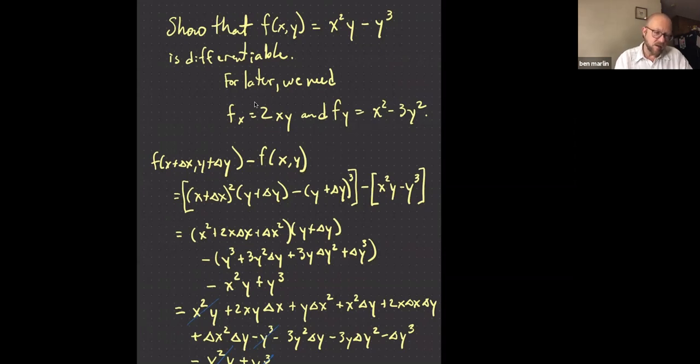And so we have to go back to our function definition, this x squared y minus y cubed, and we're going to put in an x plus delta x where the x was, and then all the places that the y was get replaced with y plus delta y.